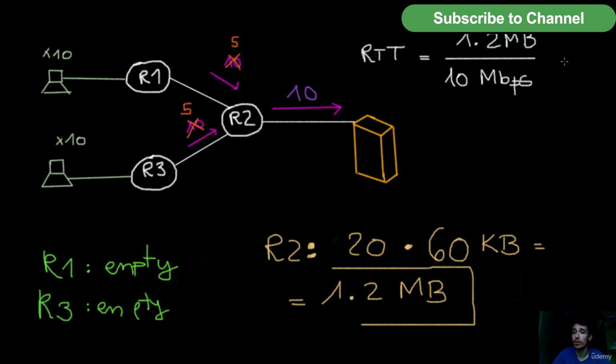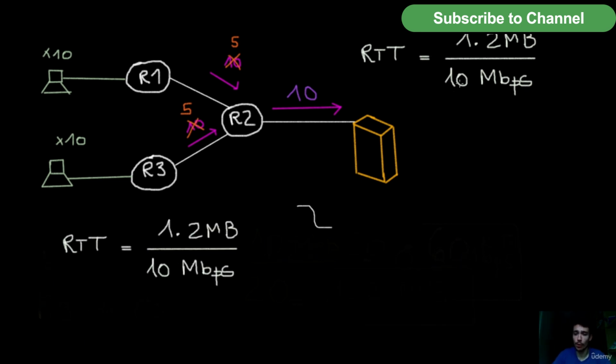We can simplify this to have everything in the same units, so that the round trip time is in seconds. Here we have megabytes. We can transform these megabytes to megabits by multiplying by 8, because we know that 1 byte has 8 bits.